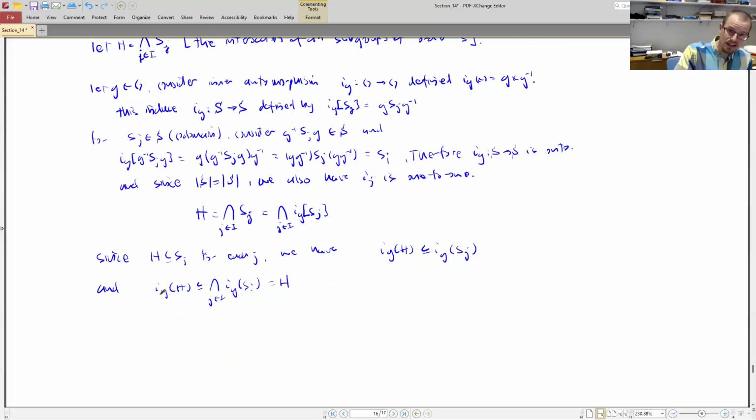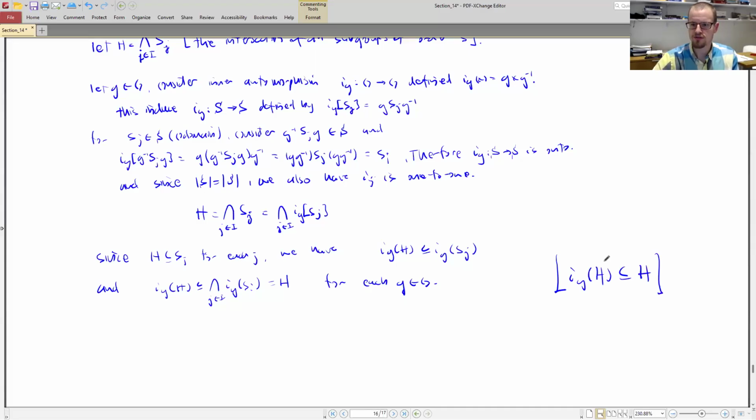So I have that the image under the inner automorphism of H is a subset of H for each g in G, right? Because I used an arbitrary g. All right, so I have subset containment in this direction. I have I_g of H is a subset of H. That's what I've gotten so far.